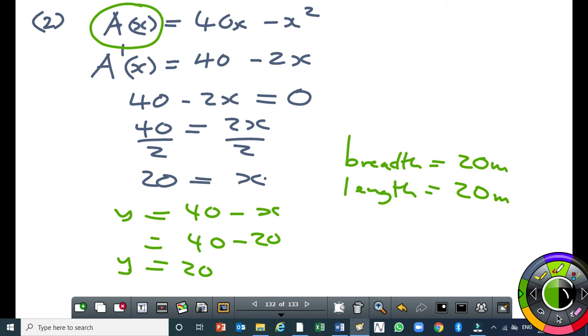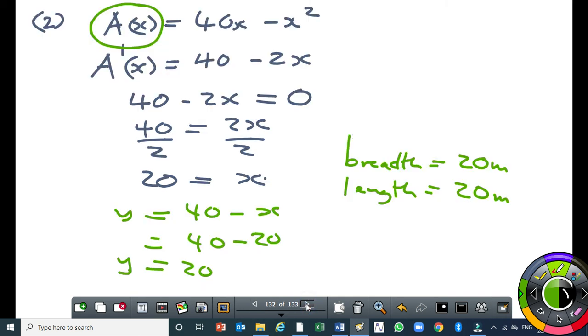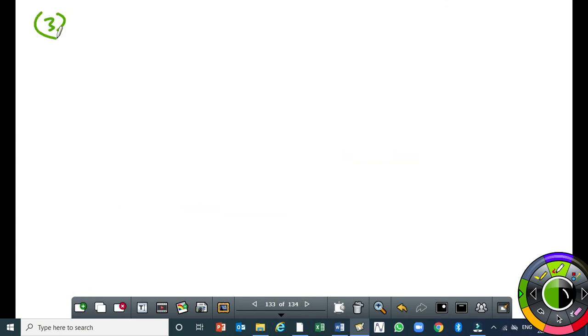Okay? Then, the next question now says, calculate the maximum area of the rectangle. Now, this is where you substitute the value of x, which you got in the previous question, into the original. Alright? So, let's move on to part 3. So, part 3, we write A(x) is equal to 40x minus x squared. Now I'm finding the maximum area.